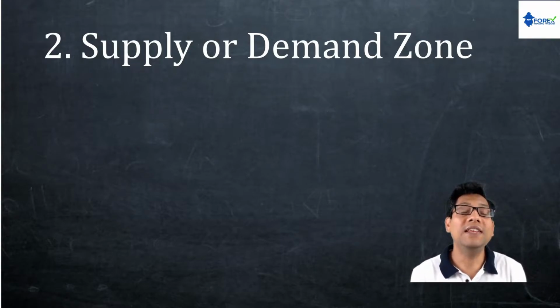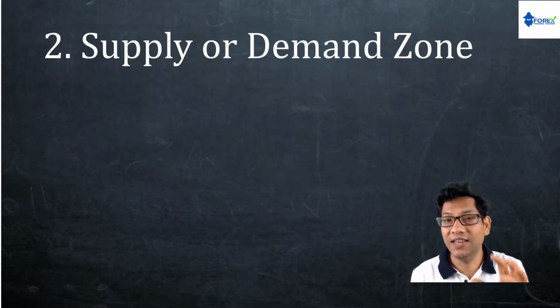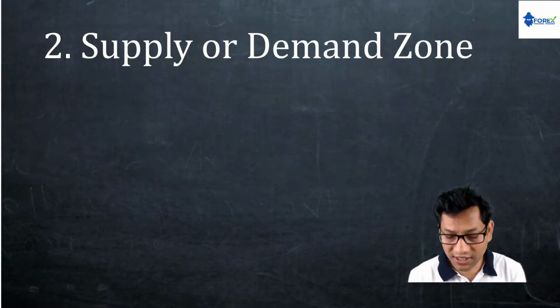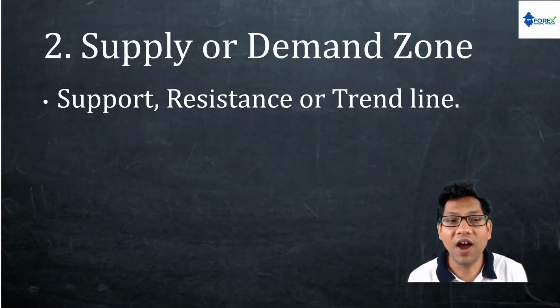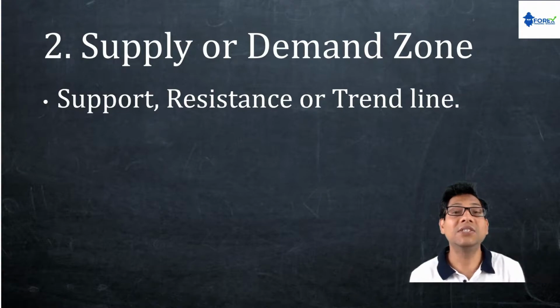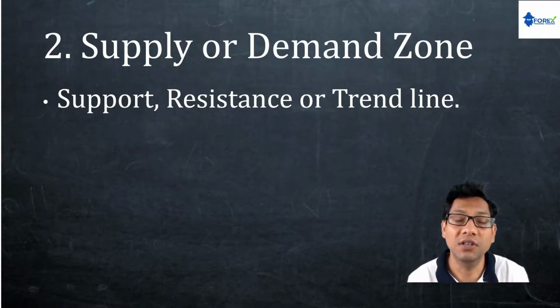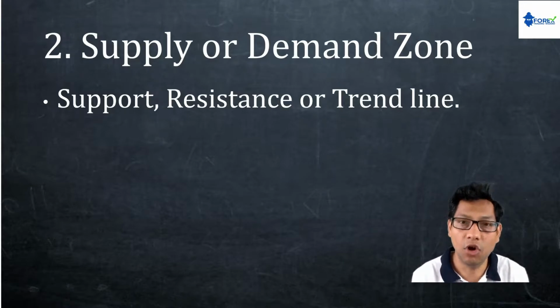So when you identified the market structure, the next thing you need to find out is supply and demand zone. So what does it mean? It means that you need to exactly identify support, resistance, or a trend line in the market to find the potential buying or selling opportunity.